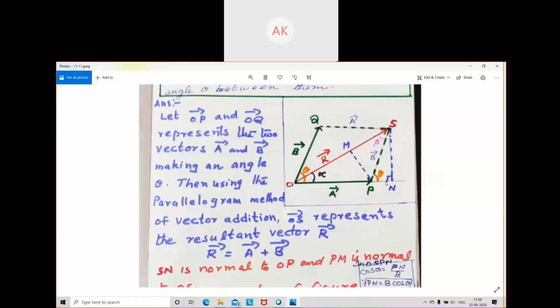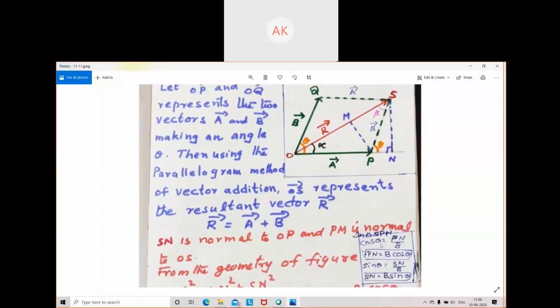Then we have to find out SN. For finding SN, we use sin theta. For finding PN, we use cos theta. So let us see that step. Cos theta equals adjacent side by hypotenuse.